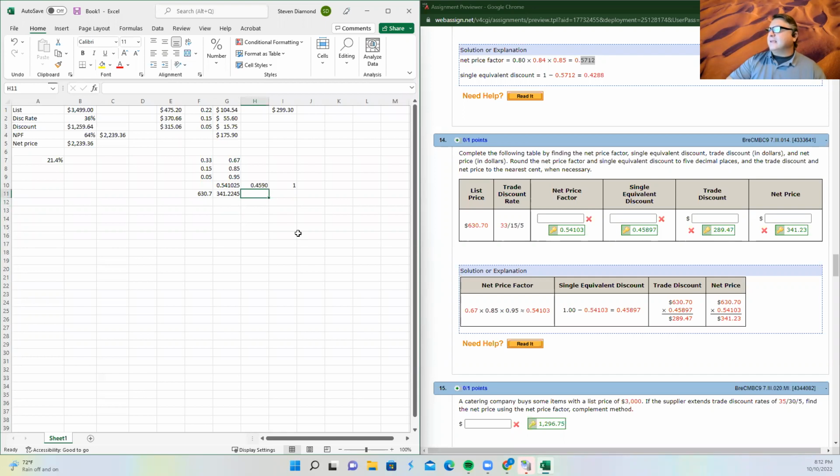And then the same thing here. I multiply that times my list price. And so my trade discount here is going to be $289.47. And right here, I've got $289.48.